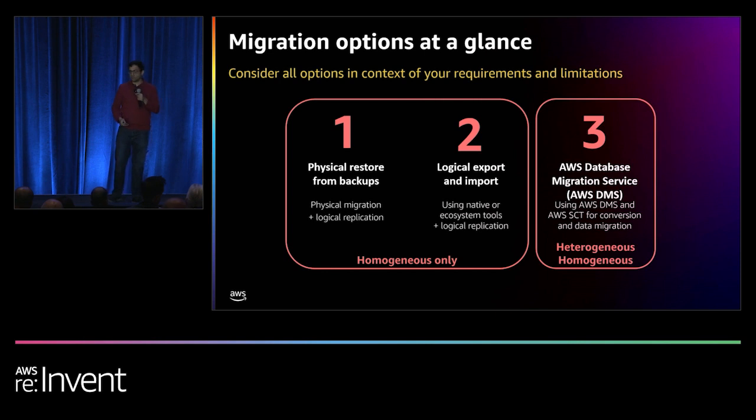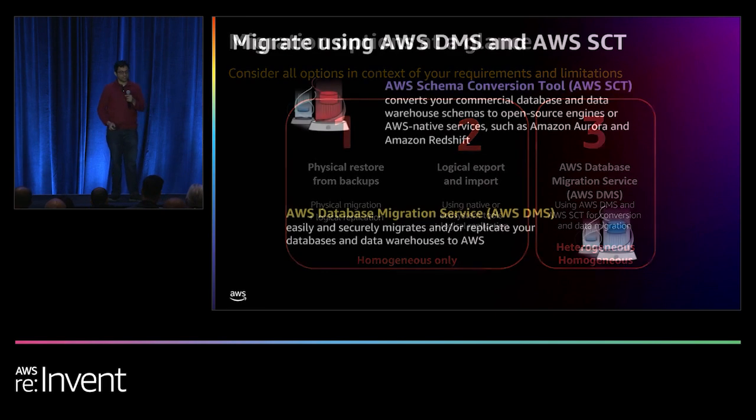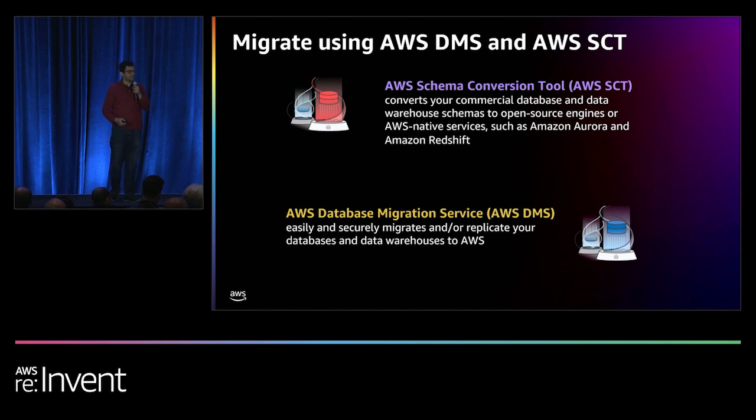But what about heterogeneous migration, like Oracle to Postgres? Tools like Database Migration Service and Schema Conversion Tool help you there. Schema Conversion Tool is a standalone tool. You can download it from the AWS website and install it on your laptop or EC2 instance.